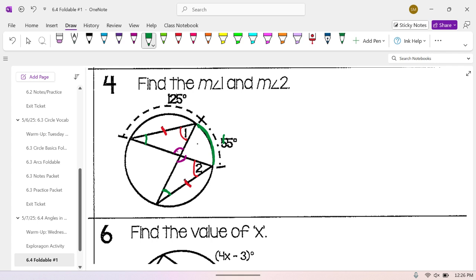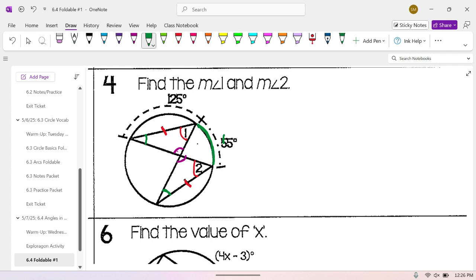All right. Why is that important? Well, can we not find those 2 angles? Yes, we can.